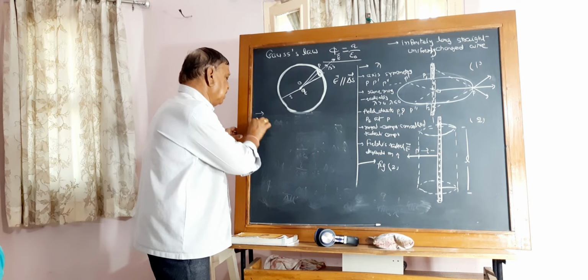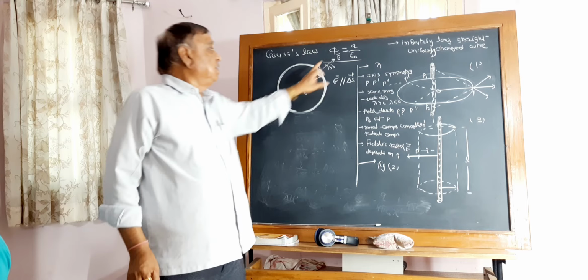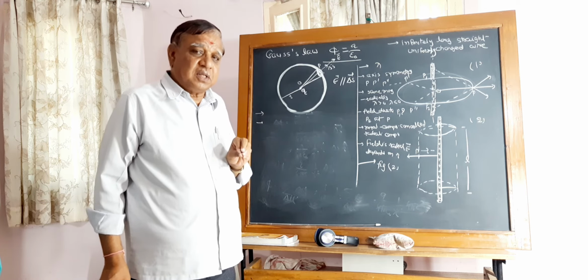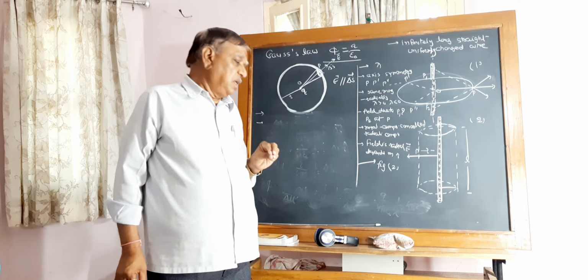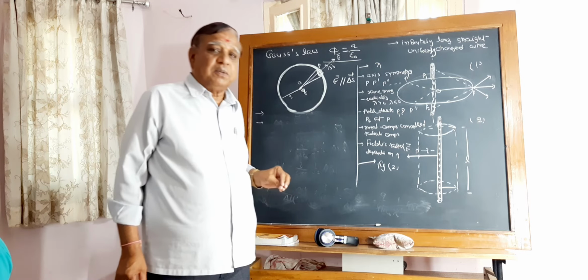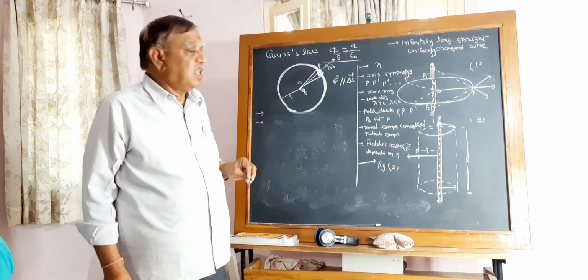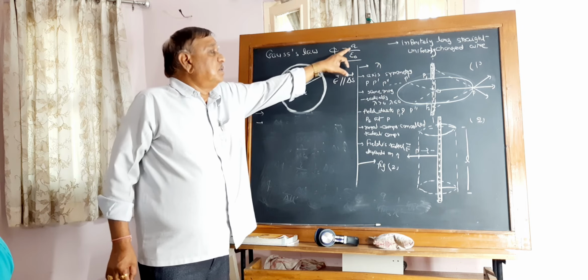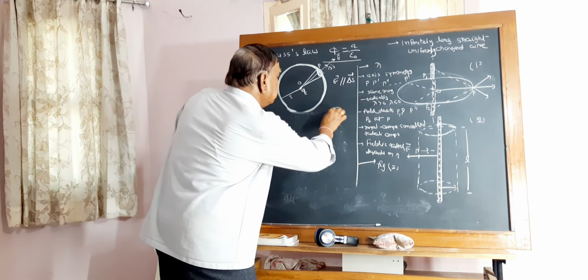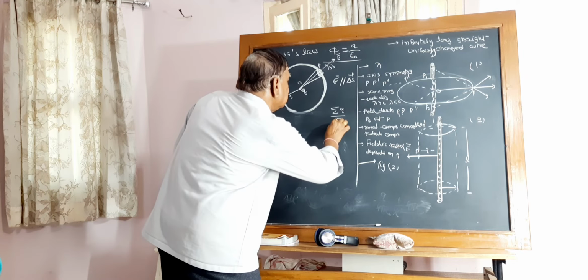Second, in the equation, Q is the total charge enclosed inside the surface. There may be so many charges, then we have to take the algebraic sum. Then we get total charge Q. Sometimes we can use sigma Q instead of Q. So it is also correct.